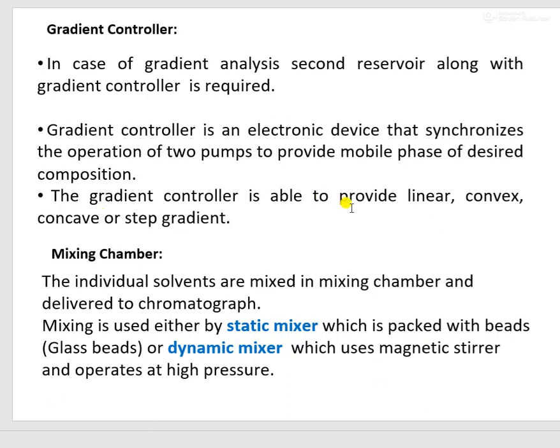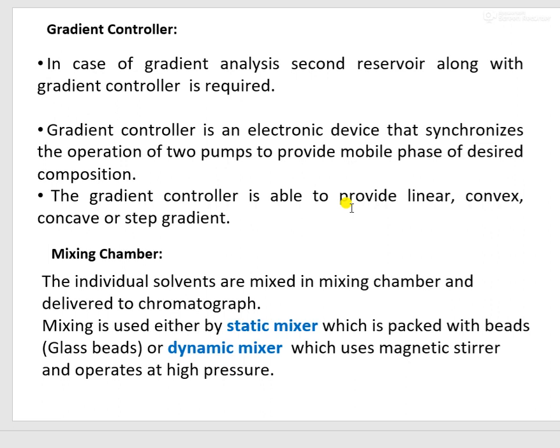Now next is the gradient controller. As we know, what do we mean by gradient? In gradient, the composition of the mobile phase is changing with time, so it will not be constant, and to generate a gradient you require a gradient controller. What is the function of the gradient controller? To initiate or to control gradient elution.